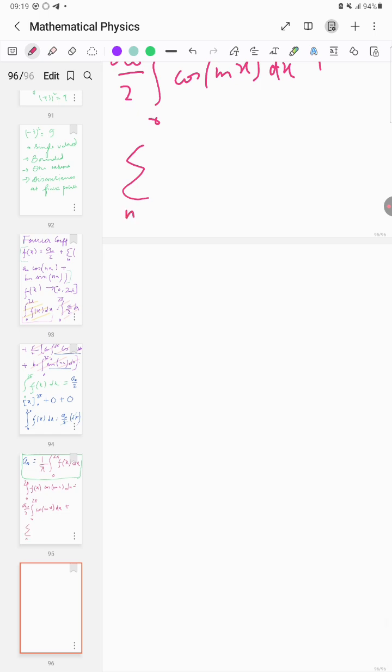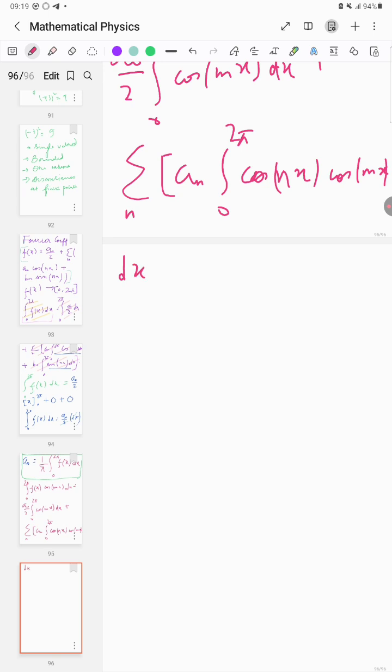So summation over n, an integration 0 to 2 pi cos nx into cos mx. Cos nx was earlier present in the equation. We have just multiplied cos mx to it. You get the difference between m and n.